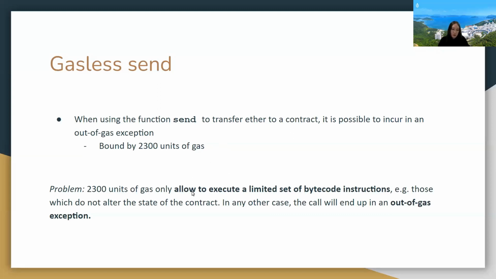The problem is that a limited amount of gas allows executing only a limited set of bytecode instructions. So you cannot really alter the state of the contract, and in any other case, it will end up in an out of gas exception. Every time you try to alter the state of the contract, you'll have the exception again.